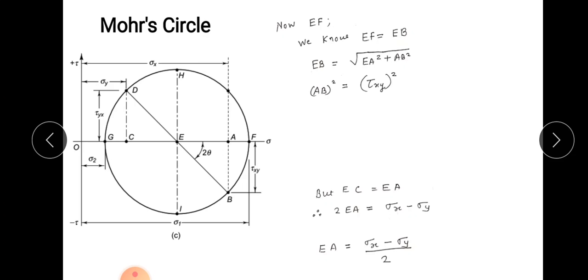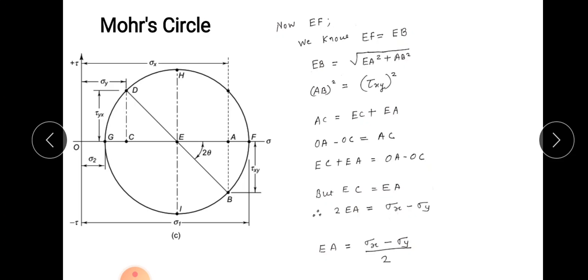Now what is AB square? From the figure, AB square is tau xy square. Now what is AC? First of all, AC is nothing but EC plus EA. Also, AC is nothing but OA minus OC. So I can write AC is equal to EC plus EA as well as AC is equal to OA minus OC. The left hand side is equal, so the right hand side will be equal. So EC plus EA is equal to OA minus OC.